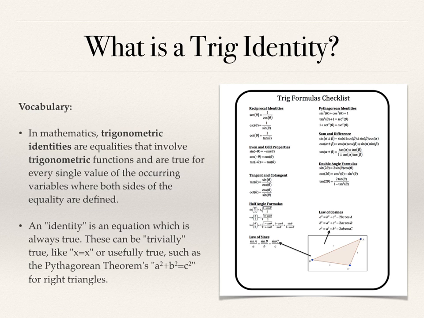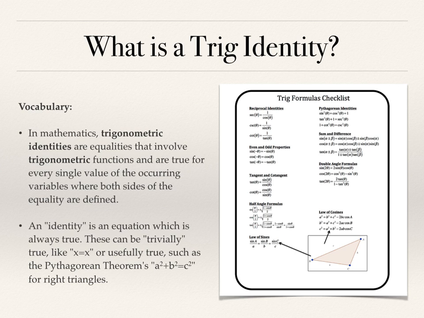So, in definition, in mathematics, trigonometric identities are equalities that involve trigonometric functions and are true for every single value of the occurring variable where both sides of the equation are defined. An identity is an equation which is always true.